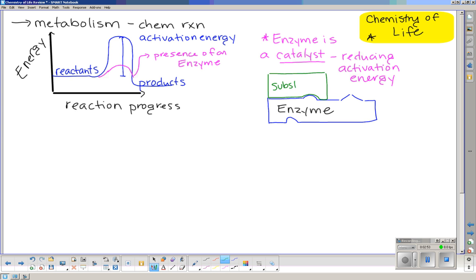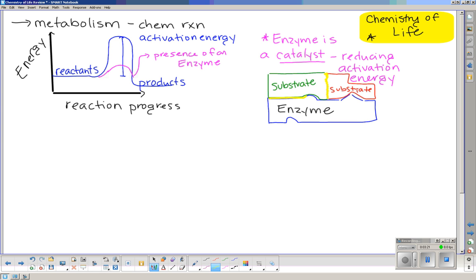More than one substrate can bond to an enzyme. These substrates are the reactants in the reaction. These substrates are positioned so closely to one another that they might form bonds and stick together.